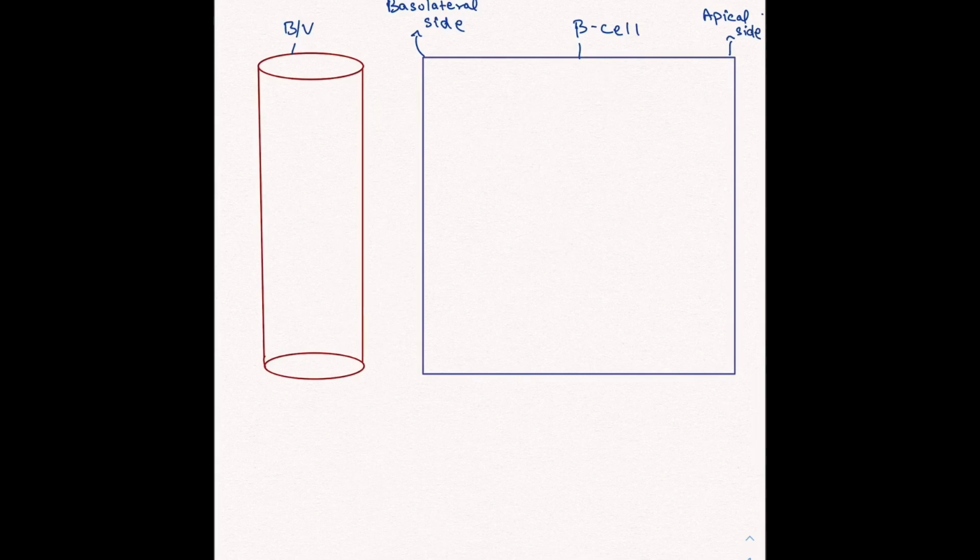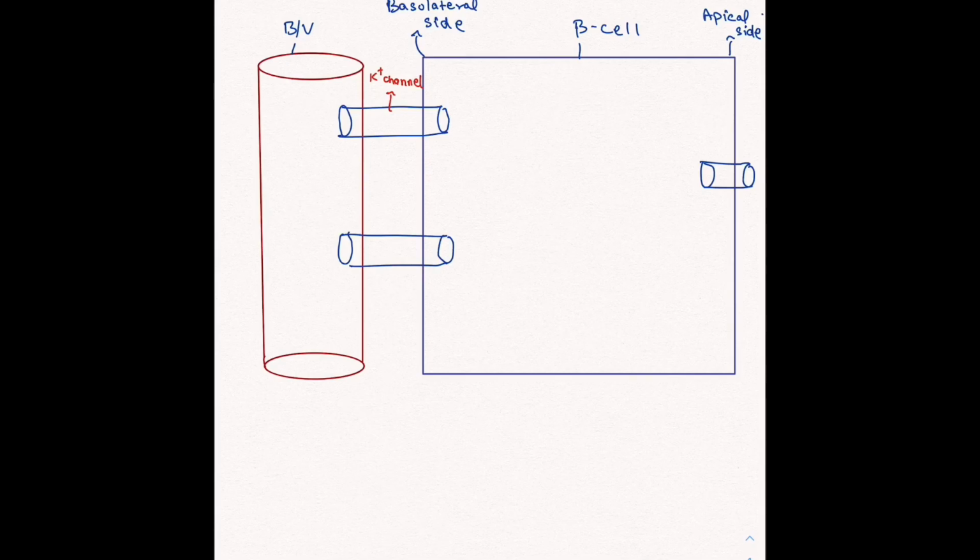In the basolateral side, we have two channels, this one and this one. And in the apical side, we have one channel. This one is called the ATP sensitive potassium channel. Why we call it ATP sensitive, we will be talking about.